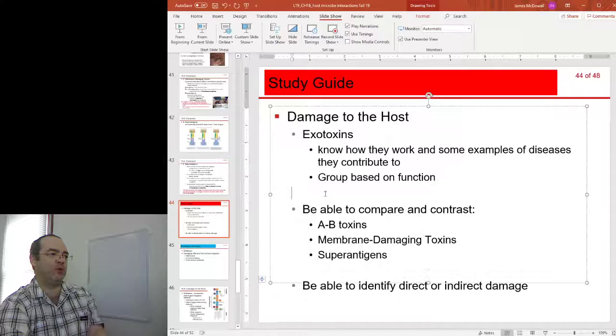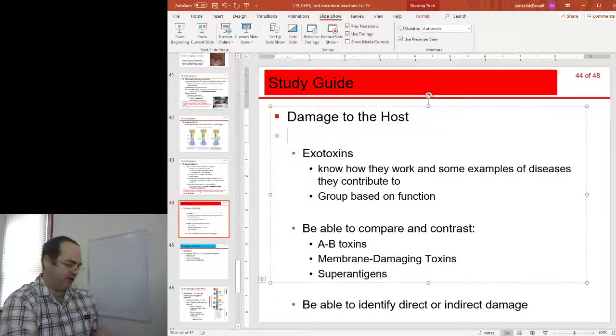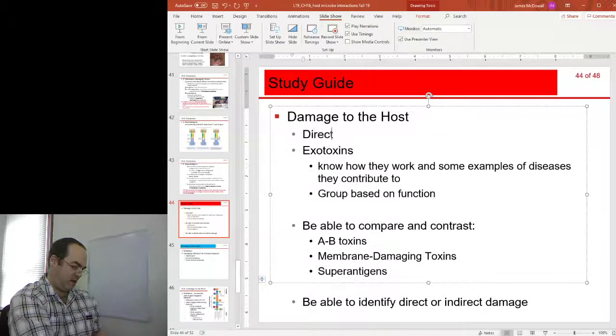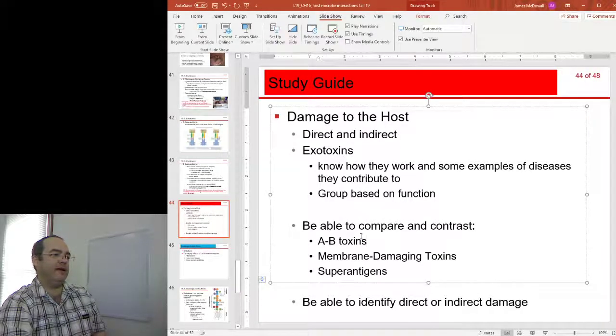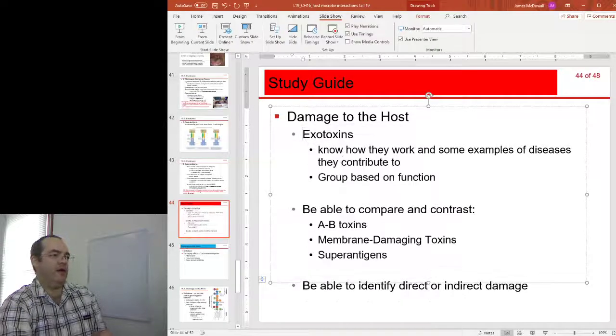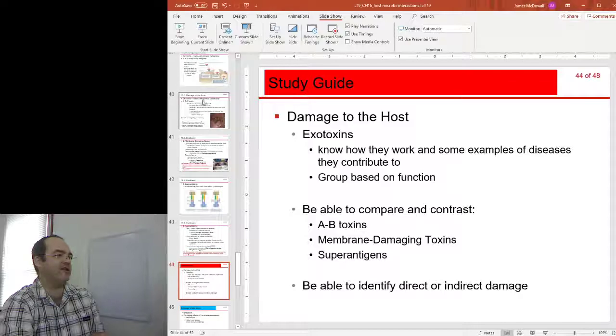Be able to distinguish between direct and indirect, and then know how these types of toxins work. Identify an AB toxin versus a membrane damaging toxin versus a super antigen. I've got direct damage down here. And then for each one of these, know how they work and what kind of diseases they cause.